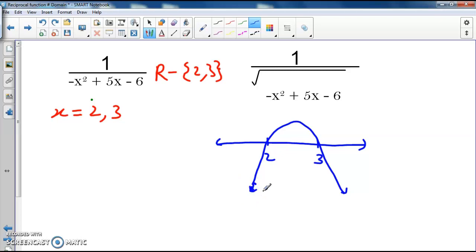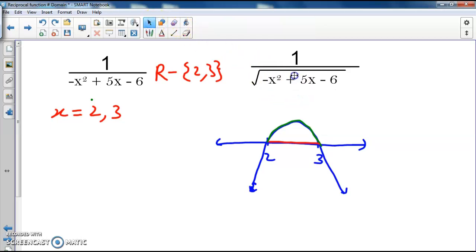Now we can see that the graph is above the x-axis for the points when x lies between 2 and 3. Therefore, the domain of our original function will be from 2 to 3 open interval.